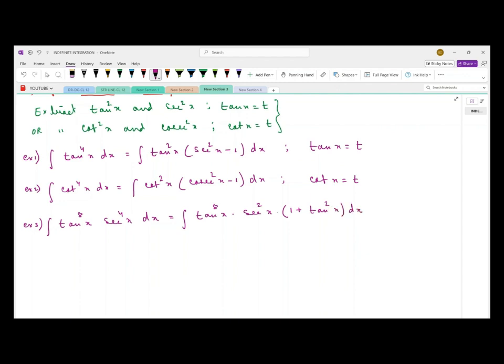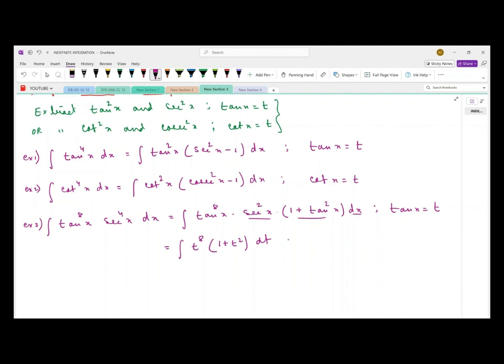So now if I put tan x equal to t, then this becomes manageable, because this becomes t to the power 8, this portion becomes 1 plus t square, and the rest of the portion, that is sec square x dx, becomes dt.